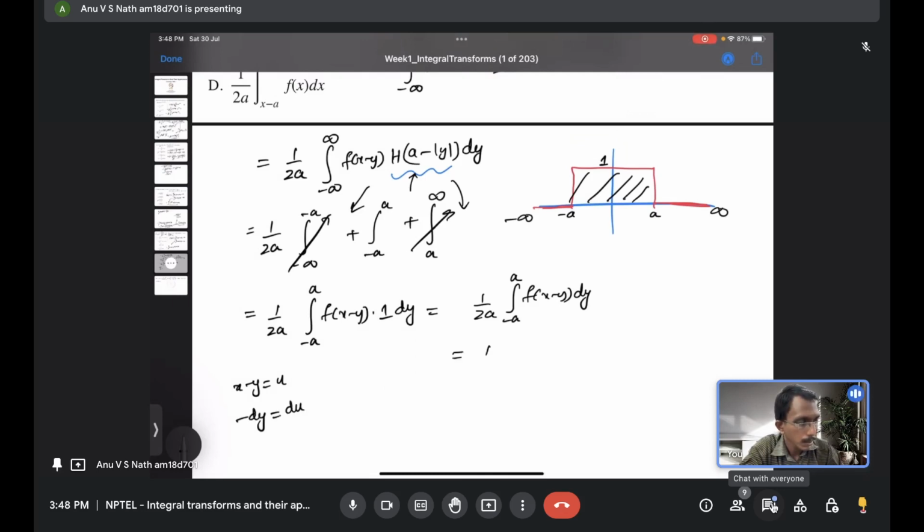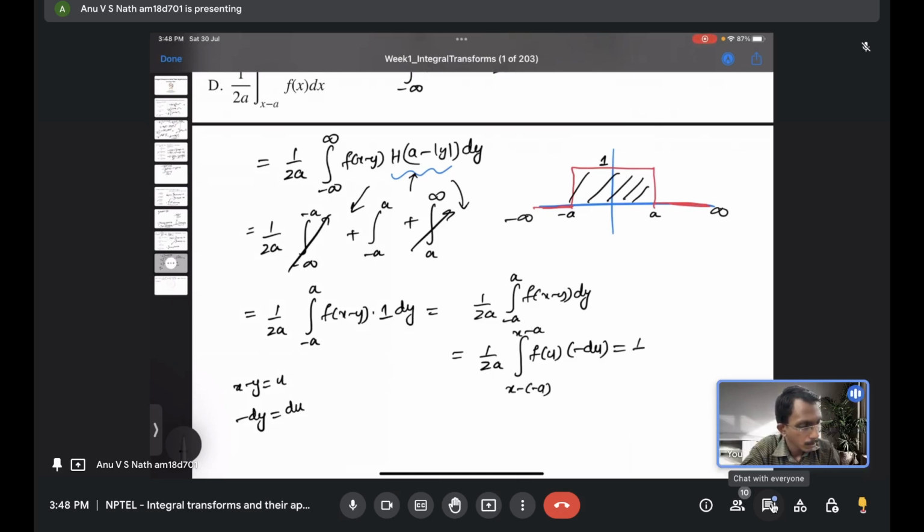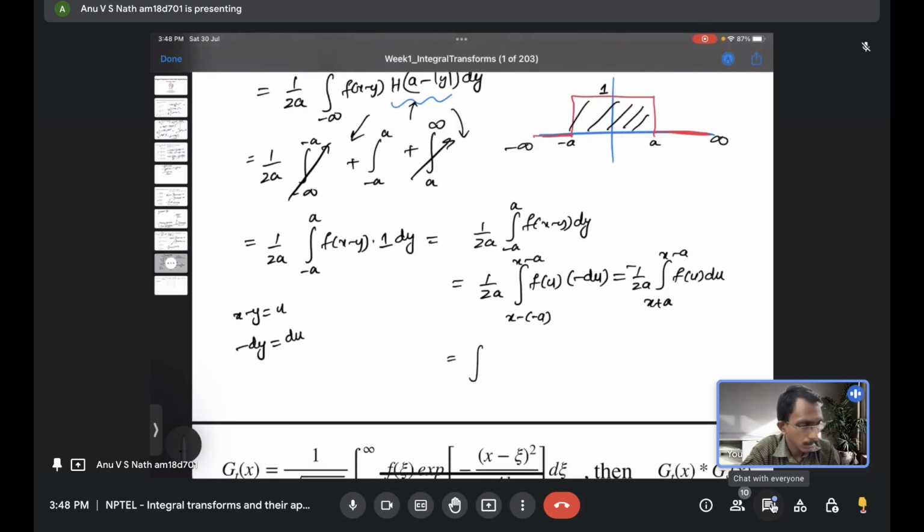Then this integral can be written as 1 by 2a times f of u with the minus du, where u goes from x plus a to x minus a, with a minus sign. The minus sign will change the order of integration, so from x minus a to x plus a, then f of u du.